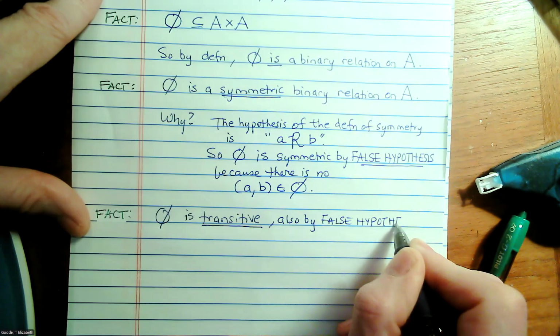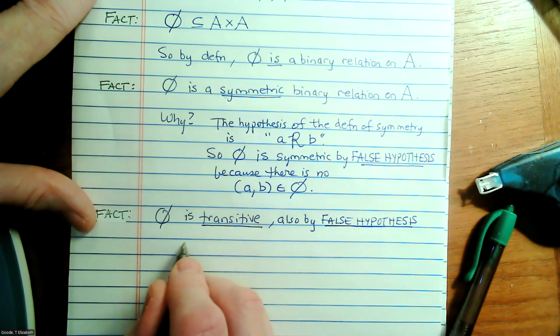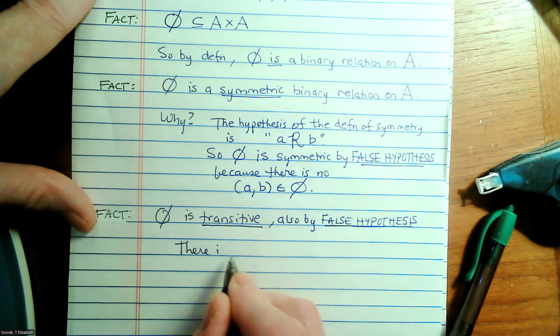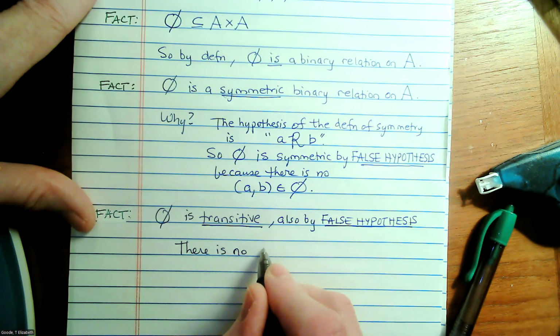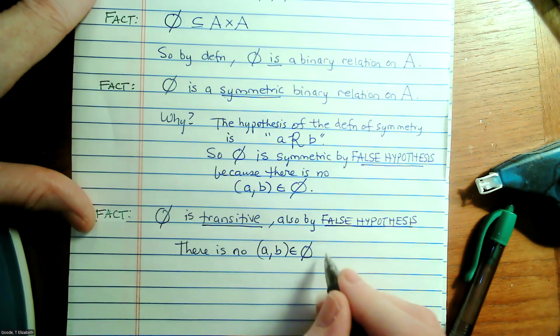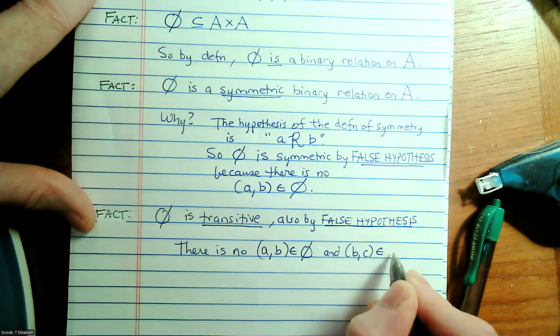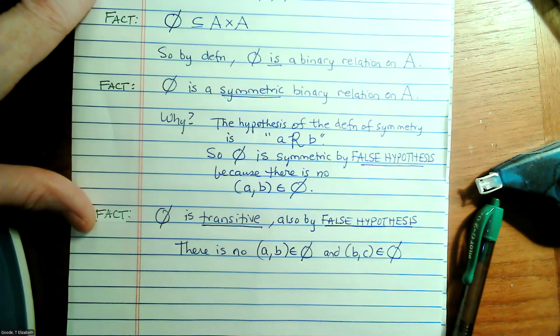You need A related to B, but if you don't get A related to B, then you automatically assume by false hypothesis there is no (A, B) in the empty set and (B, C) in the empty set.